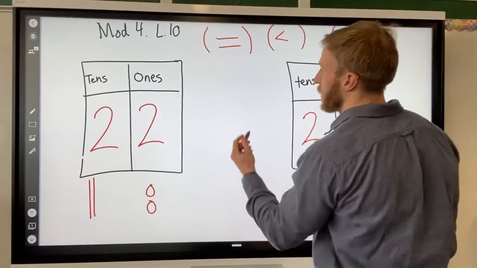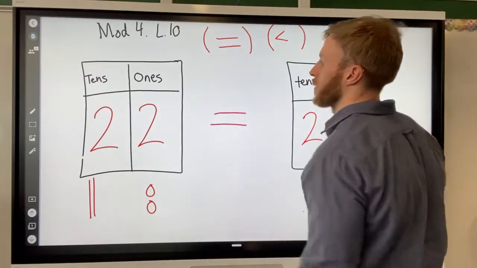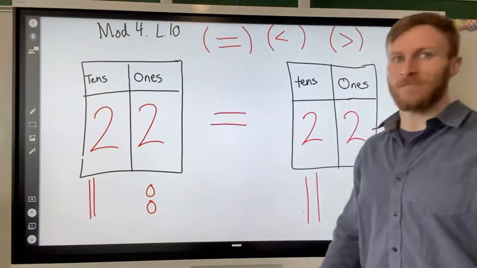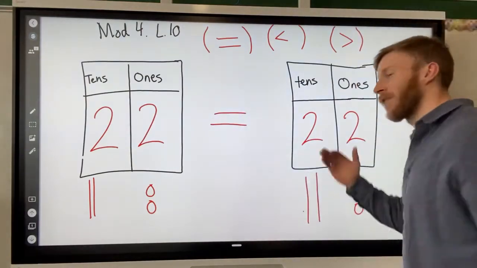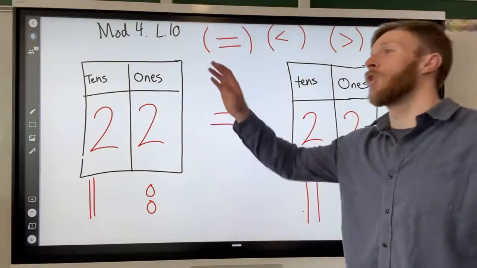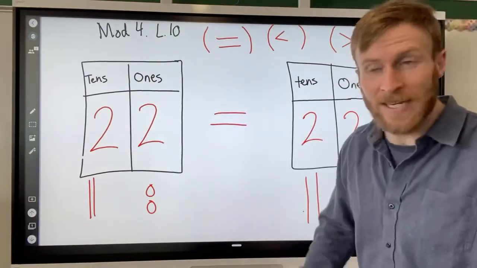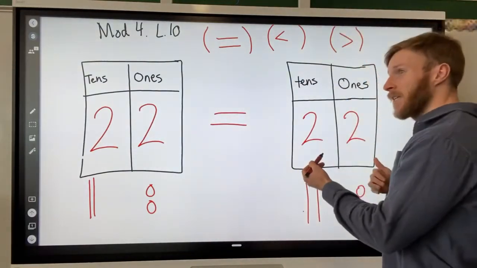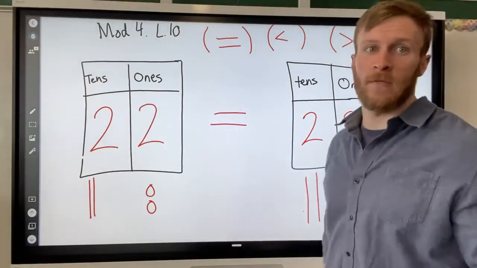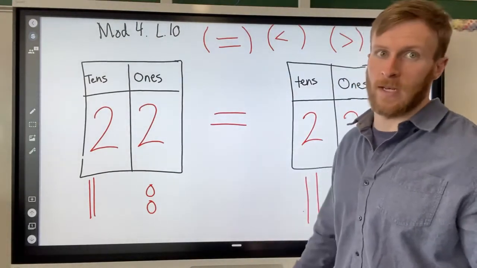And we know what that sign is. We are going to use the equal sign. I tried to trick you guys on this one. 22 equals 22. If you guys have 22 baseballs or 22 pieces of candy, and I have 22 pieces of candy, we have the same amount of candy or the equal amount of candy.